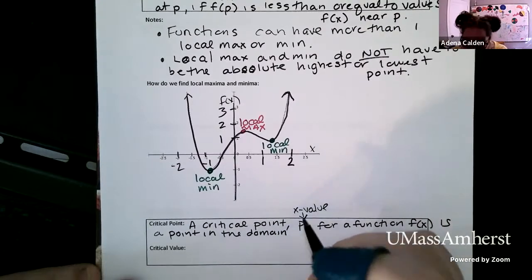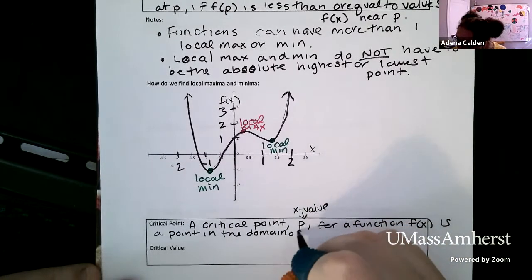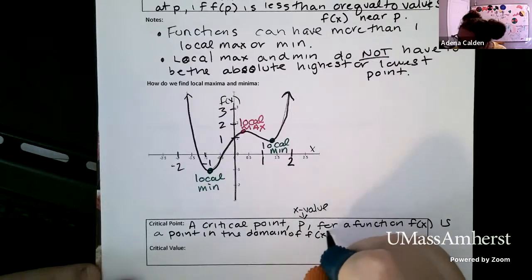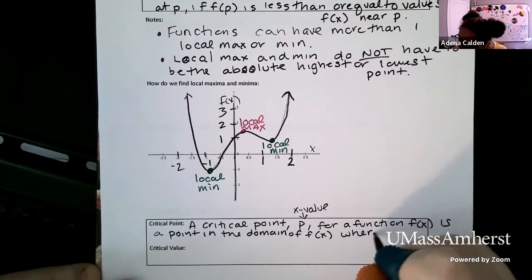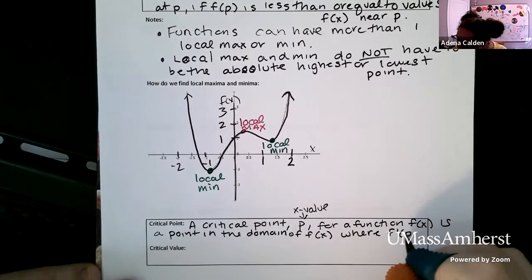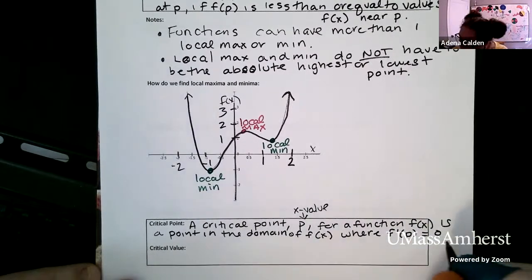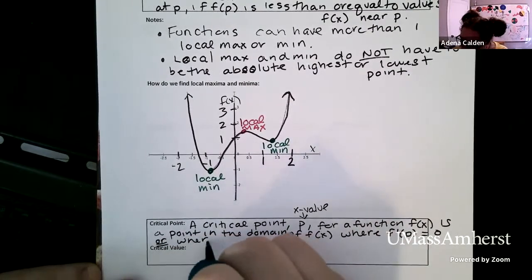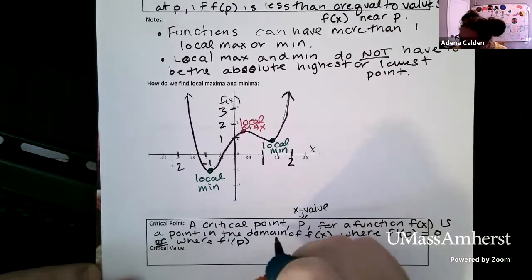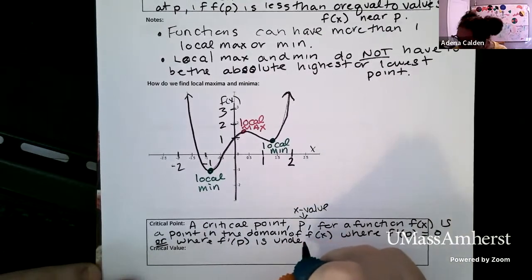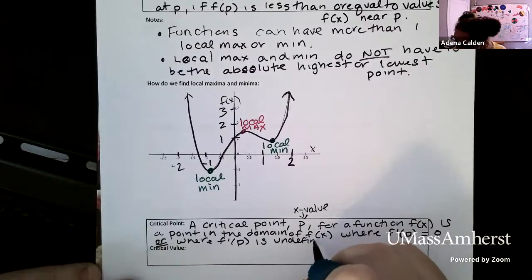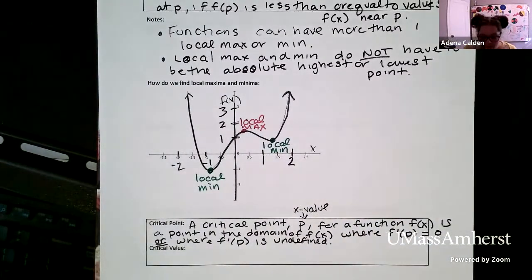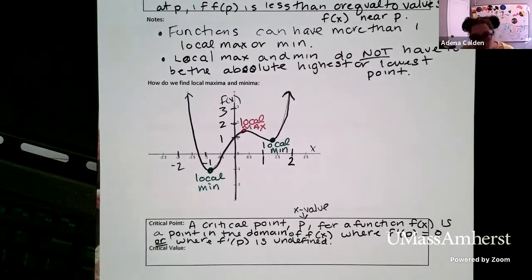Remember we talked about domain and range. So the domain of f of x, so things that we can plug in, where f prime of p equals 0, or where f prime of p is undefined. Okay, so a critical point is going to be where your first derivative equals 0, or when your first derivative is undefined. Let's talk about undefined for a second.